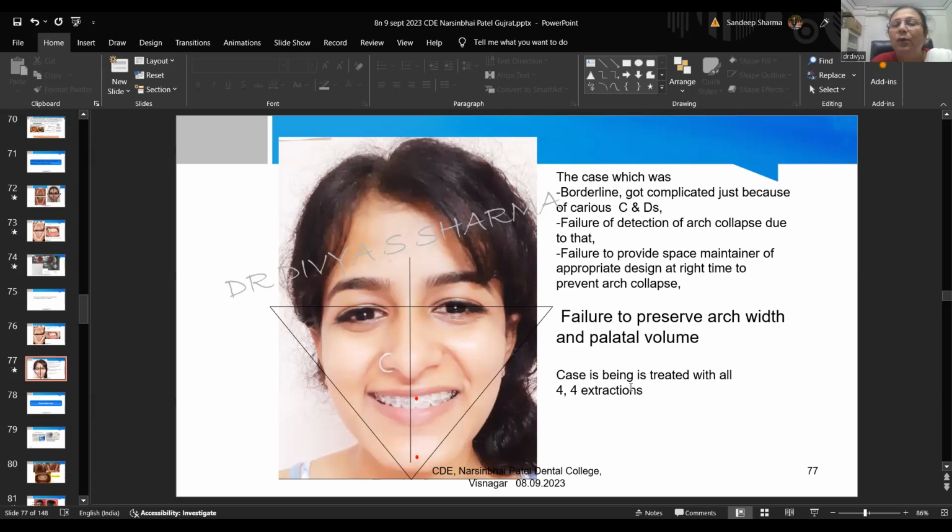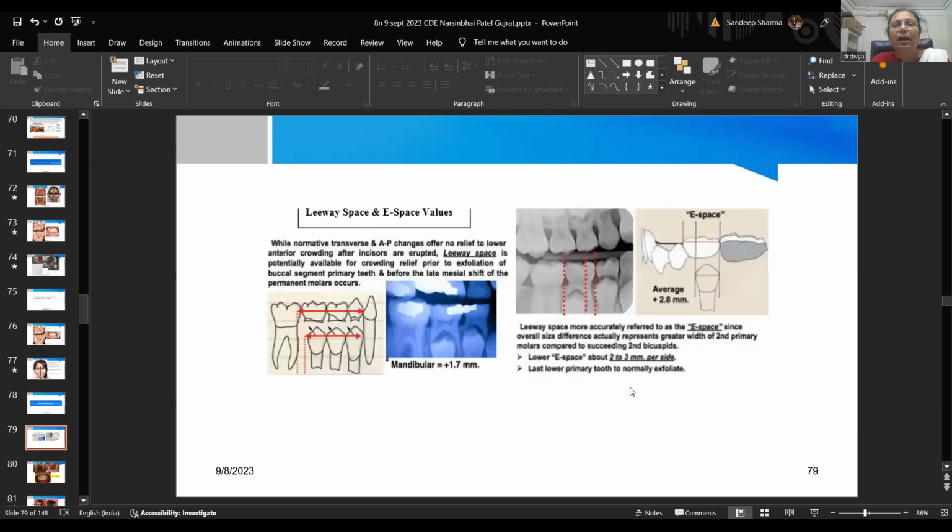This was not a 4-4 extraction case from the beginning. So we should take care of that. We should not transfer our cases, or gift our cases, to the orthodontist. Be vigilant.